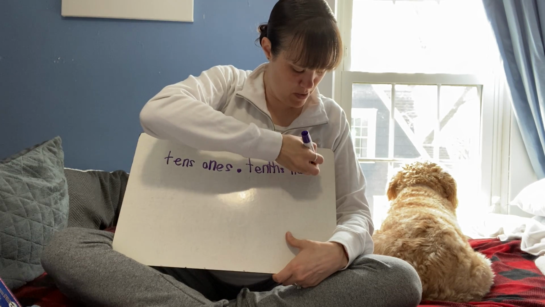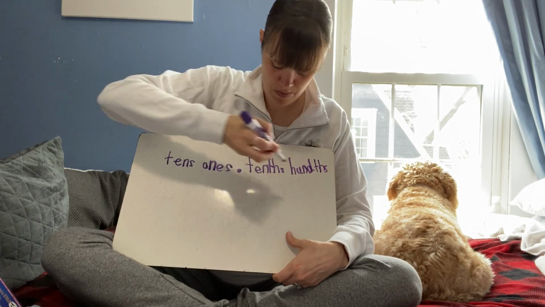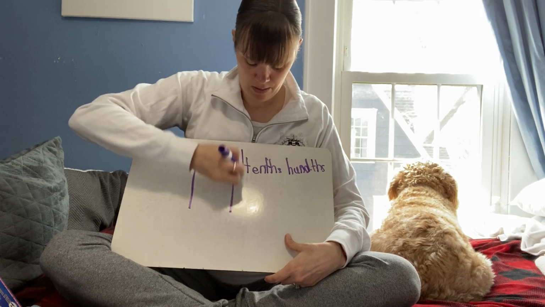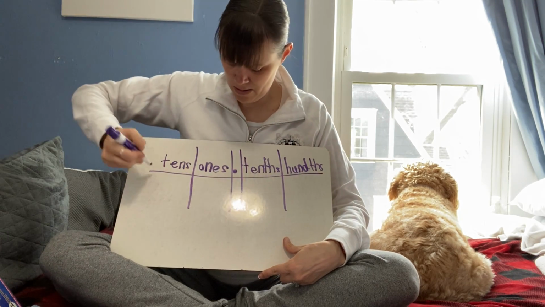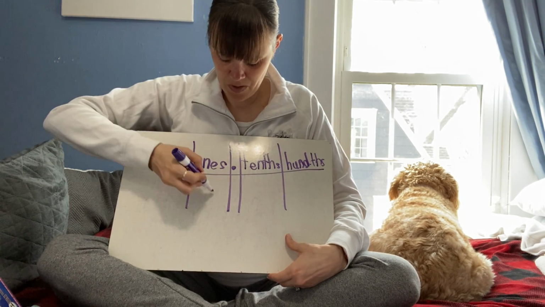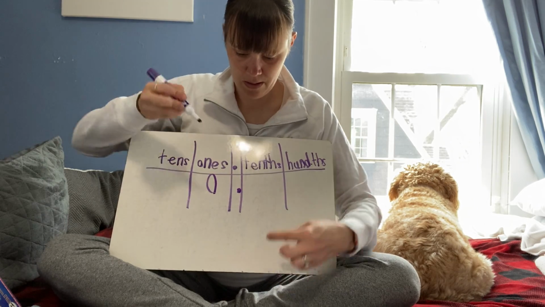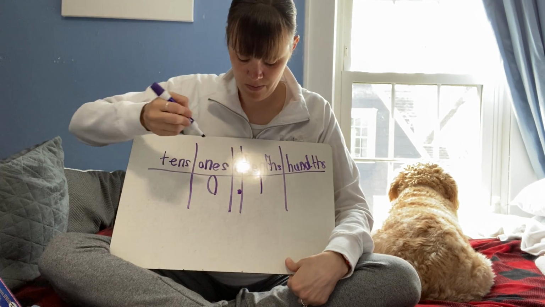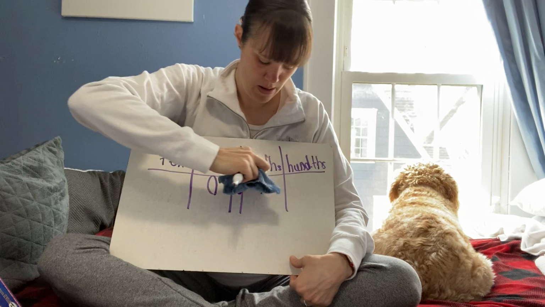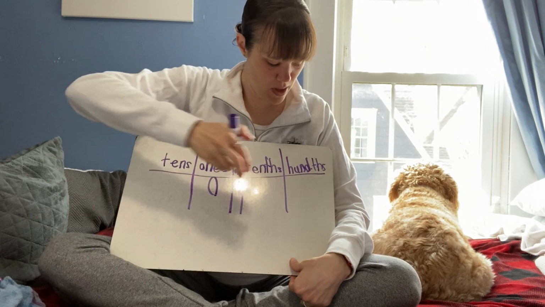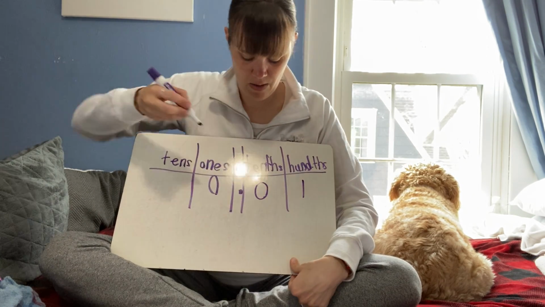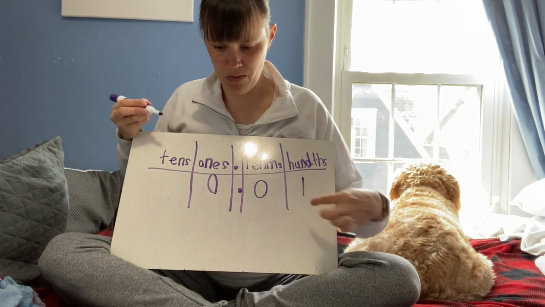and then we have hundredths. And I don't have enough room to write the whole thing, okay? So we look at it like this. We don't have any ones for 1/10. We have 1/10 there. And then if you have 100ths and you don't have a tenth, it's 0.01.